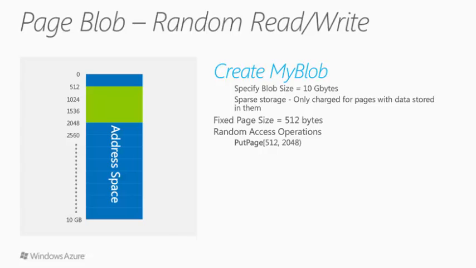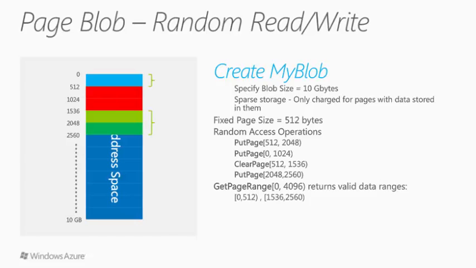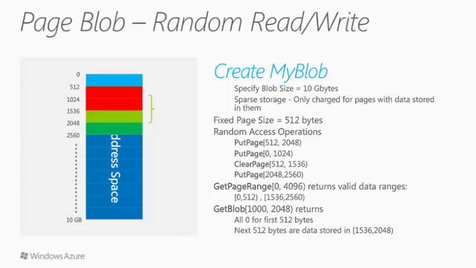So you say put page from this index to that index, and you will be able to upload some data here. After that you can call put page in this way, and of course you will rewrite some data from the previous request. You can call clear page, you can put page again, and of course you can get page range, and of course you can get blob.